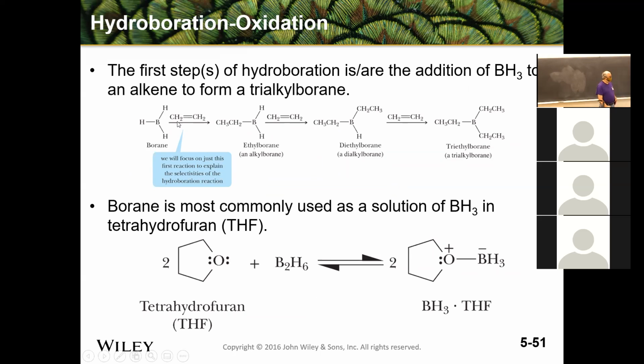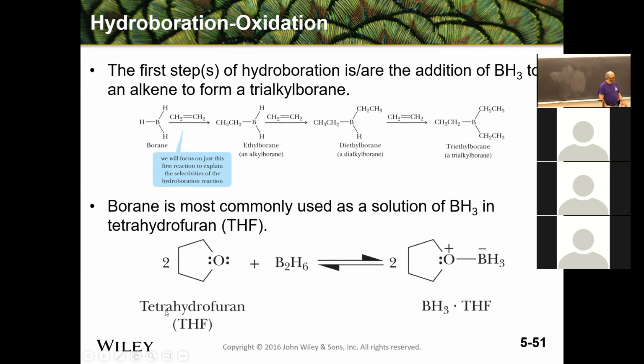So we start off with our alkene, and we add borane, BH3, to that. Borane is so reactive that it either dimerizes to form diborane, or it complexes with some other molecule.